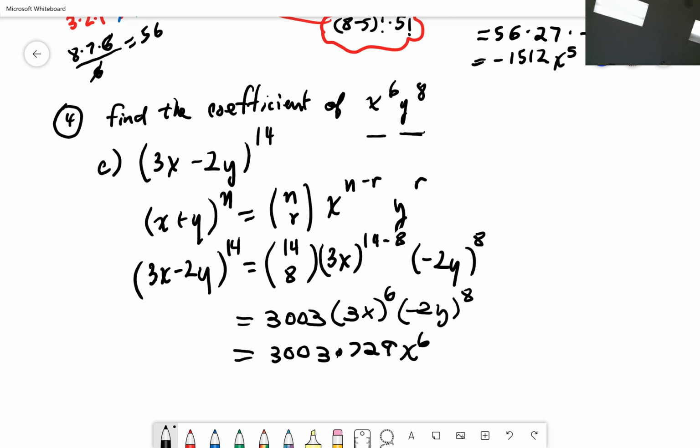Then you've got negative 2 raised to the 8th power. It's going to come out positive. That's 256. And then y raised to the 8th power is y to the 8th. And so now you just multiply all the constants to get your final coefficient. It's going to be probably a huge number.